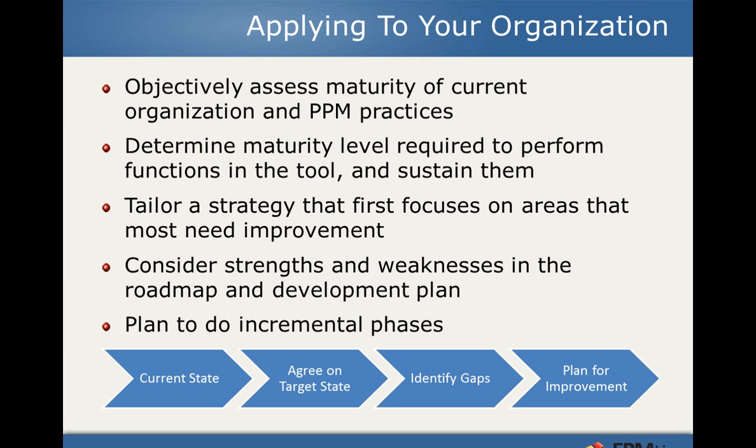Oftentimes with these PPM solutions, since they're so robust in their capabilities, people's eyes get bigger than their stomach, and they try to tackle too much too early in a solution and set themselves up for failure. The most successful deployments I've seen have been incremental successes, where you have a series of incremental wins and incremental return on investment, so that each time you go for the next wave, you have success to point to to get the next wave of funding and management support. At the end of the day, you will get all the capabilities you want, but on a timetable that makes the most sense for your organization.